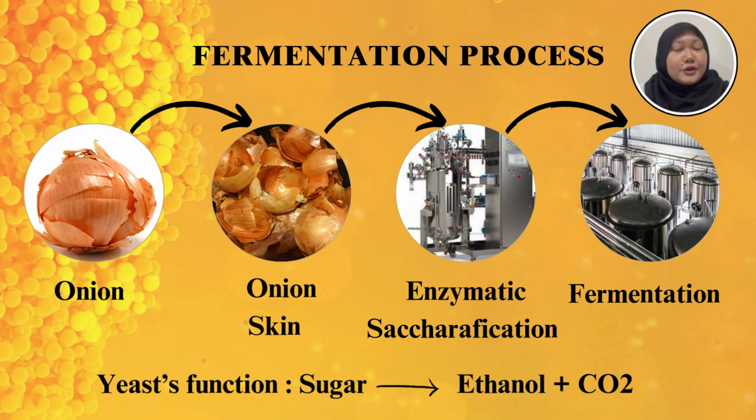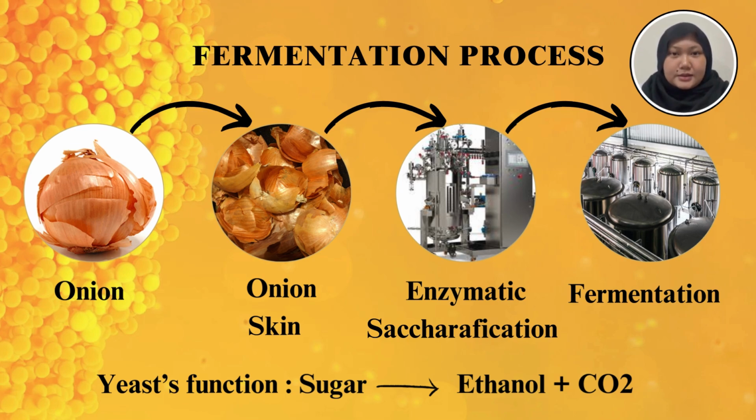During the fermentation process, yeast, which is Saccharomyces cerevisiae, will be used to enhance the fermentation process itself. The yeast will help to convert the fermentable sugar into bioethanol and carbon dioxide.